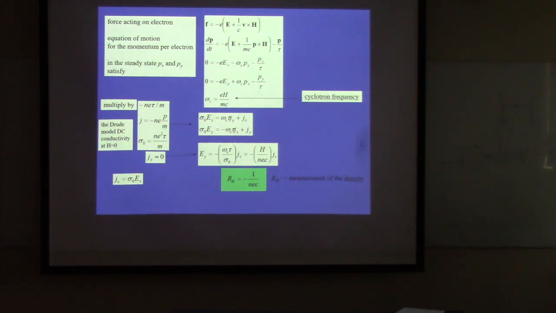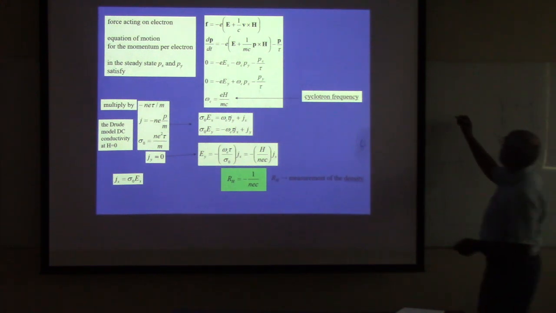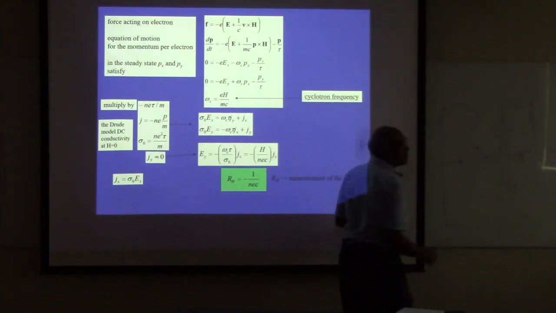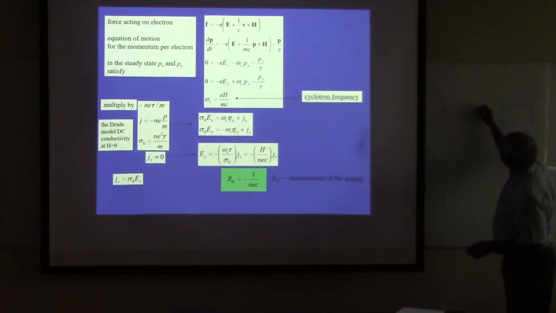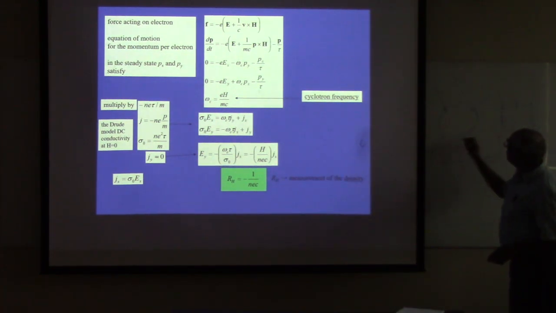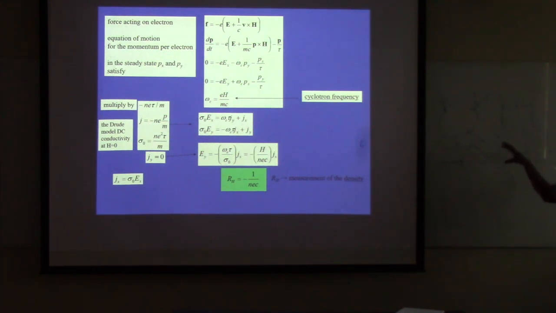If you don't have a very regular sample, suppose you have something like this, then what people do is something called the Van der Pauw geometry. You just put 4 contacts like this, then you pass current like this, then measure the voltage like that to get your resistance. To measure the Hall voltage, how do you think it should be?